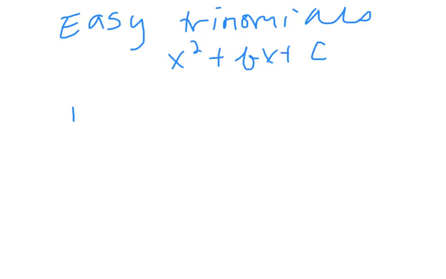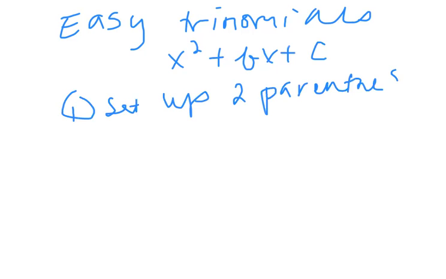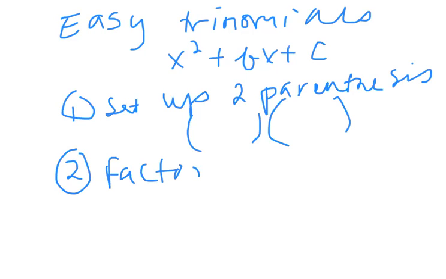So step 1, you want to set up 2 parentheses, something like this. And in step 2, you want to factor. Remember, when we're factoring these trinomials, guys, it's a combination of the factors from the first term and factors of the last term that must combine together to give you the middle term right there.